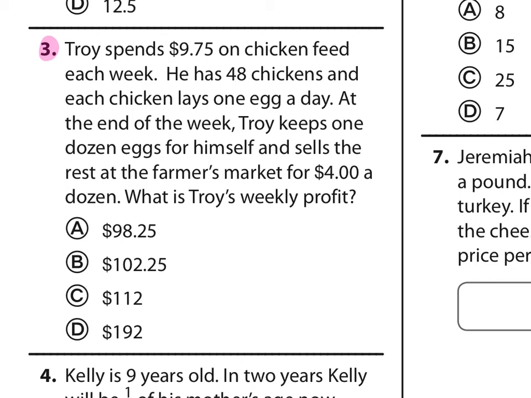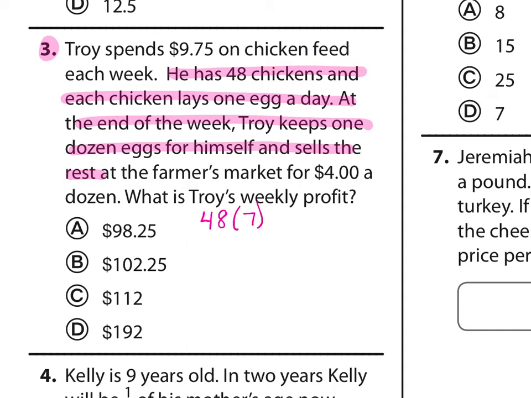It says he has 48 chickens, and each chicken lays 1 egg a day. At the end of the week, Troy keeps a dozen for himself and sells the rest. So let's just start there in the middle of this problem. To me, that's the part that I could determine first. So all 48 chickens are laying 1 egg a day. So we got 48 eggs a day, and it's for a week. So there's 7 days.